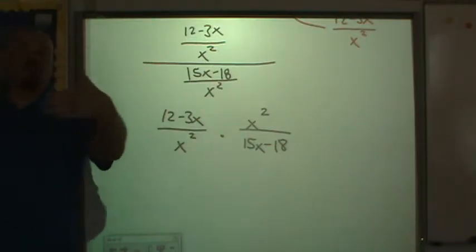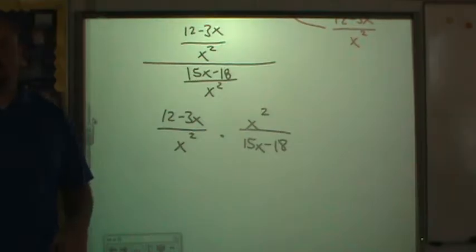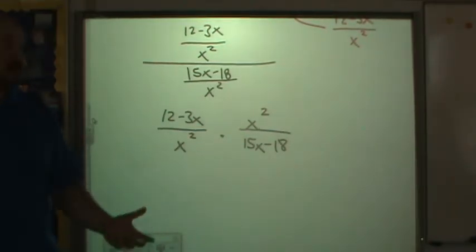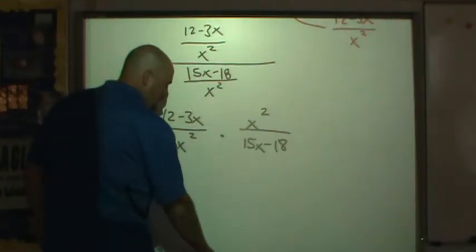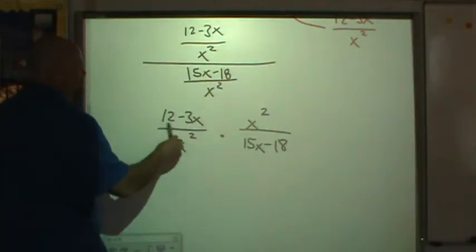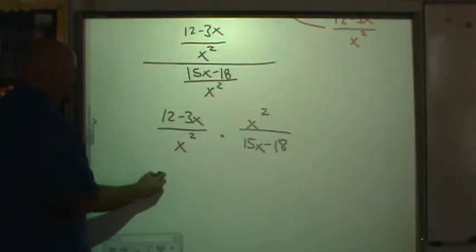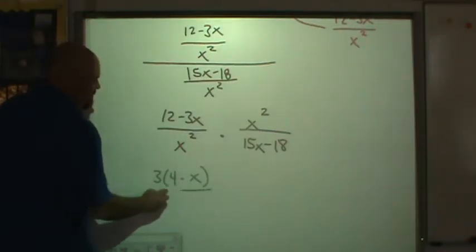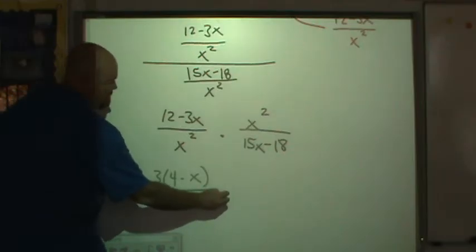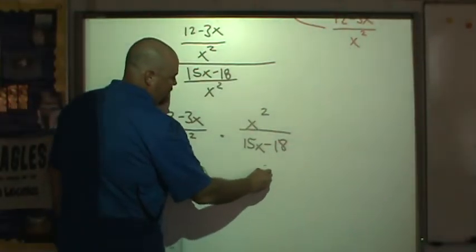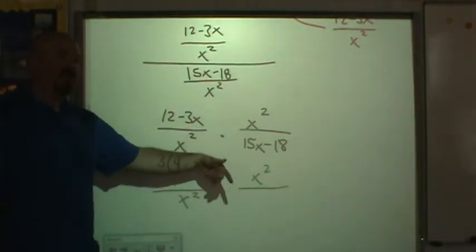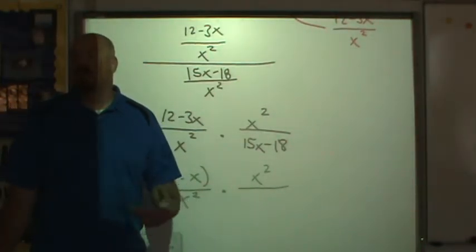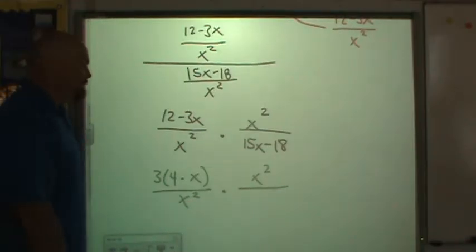In order to cross-cancel effectively, we want to have our numerators and denominators factored. So on the top, can I factor anything out of the top? 3. So on the top I have 3 times 4 minus x over x squared. Over here it's x squared. And you can write x squared as x times x. I know we've done that before because that's technically the factored form of x squared.